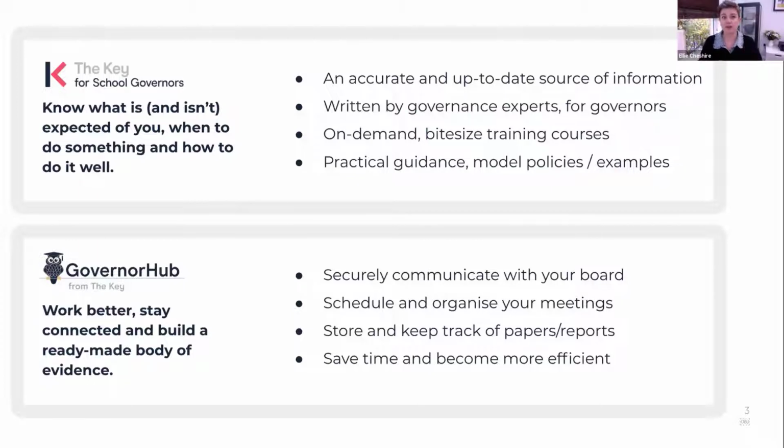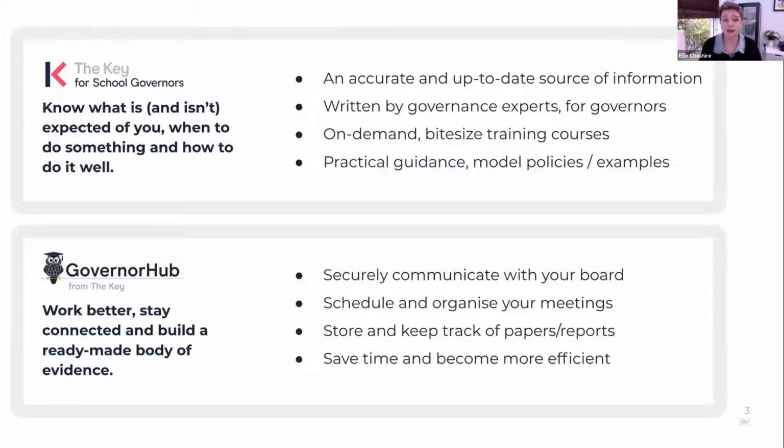GovernorHub is a different type of product, but it works really well alongside the Key for School Governors. What GovernorHub does is help you do the processes and workings of governance. It helps you do your governance job. This is about working better together, being more efficient, saving time, staying connected, talking to your board, keeping all your documents together and keeping track of what you're doing.